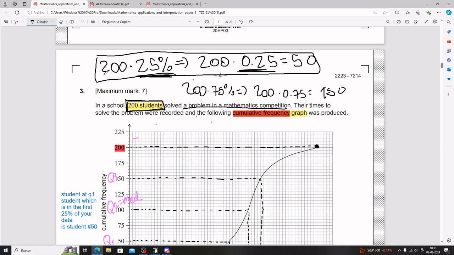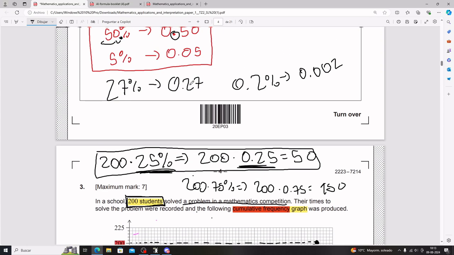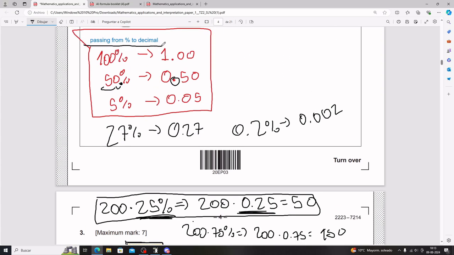But when you have 200 as a total, 300, 400, or something that's not 100 basically, 25% of it gets a little bit trickier. Okay, so keep in mind the magic trick. Take that 200, multiply by your percent, know how to pass from percents to decimals. All right? Bada bim, bada boom.